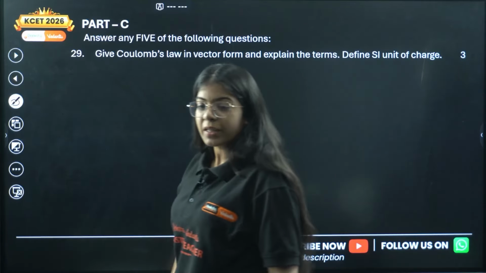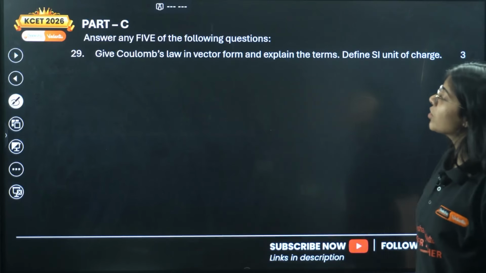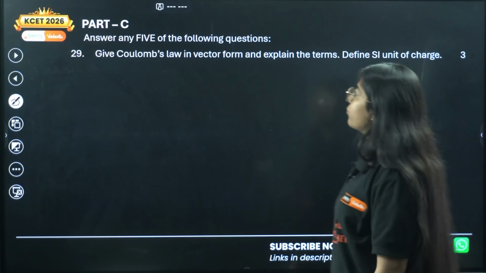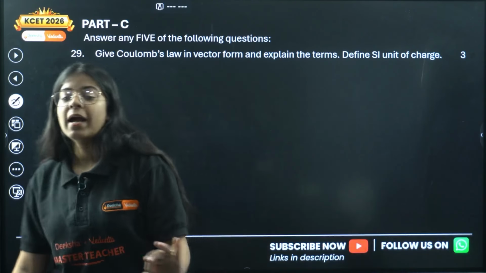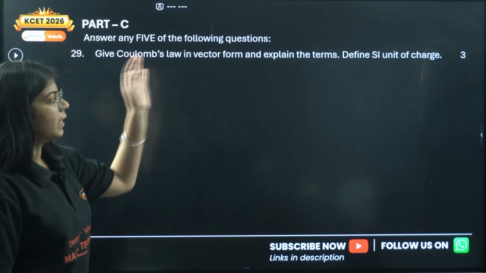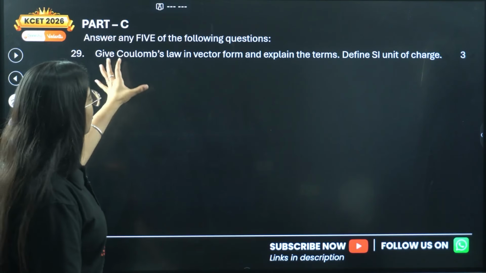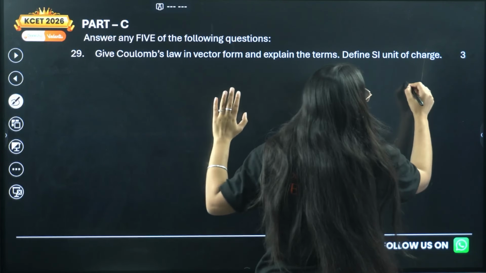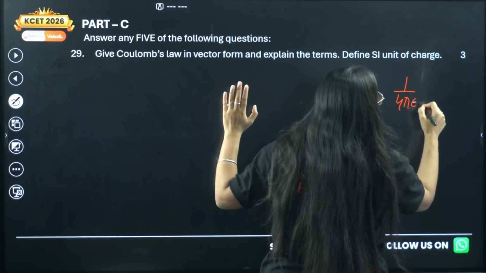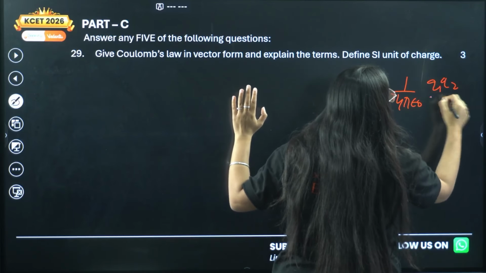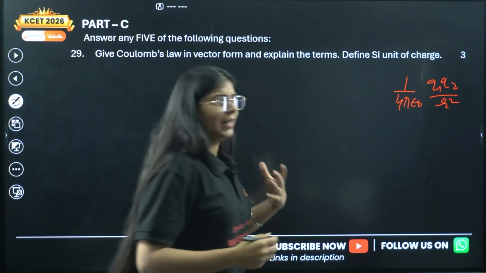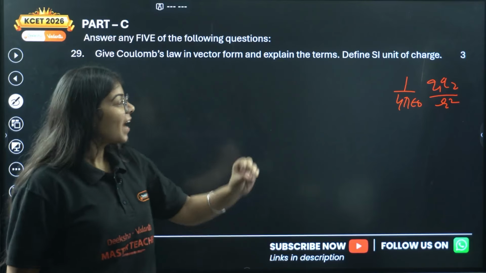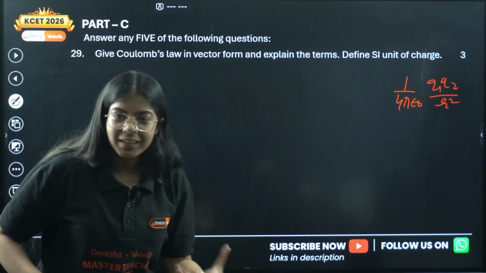We are already at 29. The 29th question says, give Coulomb's law in vector form, explain the terms, and tell the SI unit of charge. So Coulomb's law we know is 1 by 4 pi epsilon naught Q1 Q2 by R square. But we have to define it in vector form, okay?